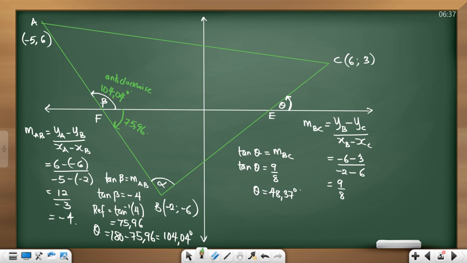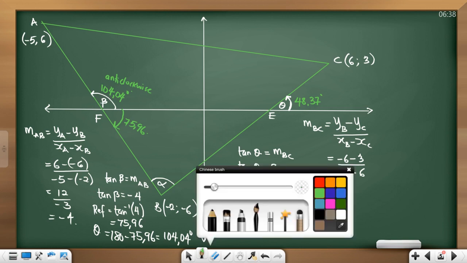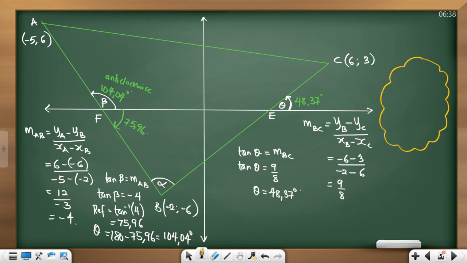And from here, if you were given the angle, I'm sure we can walk through. The angle here is 48,37. If I were to find the gradient given the angle, I'm sure that is something we can all quickly do. It's just to look for gradients. We can do that on the side here. Don't have to move. All right. If I'm given theta is 48,37, and I have to look for the gradient, I know that tan theta equals the gradient of what?